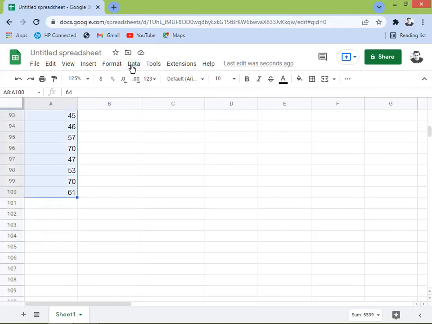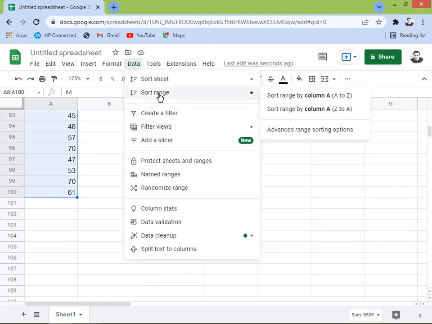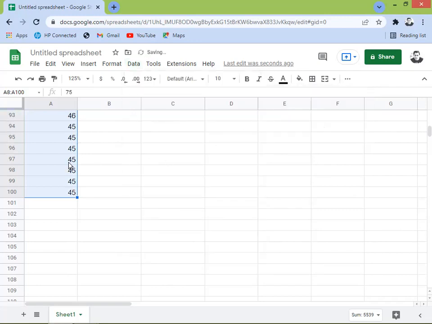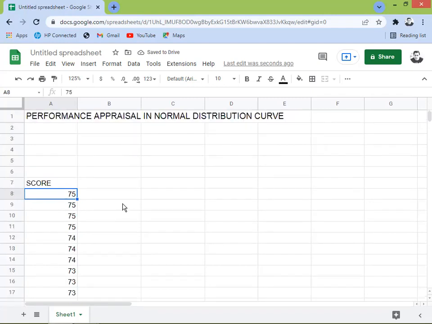So data tab, then sort range, Z to A. Okay, descending order, or largest to smallest. So our smallest number is 45 and our biggest number is 75. Okay, just like what we want in a RANDBETWEEN.